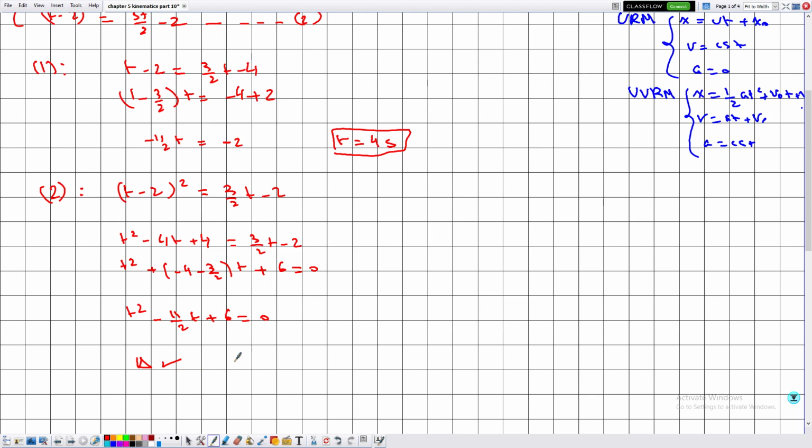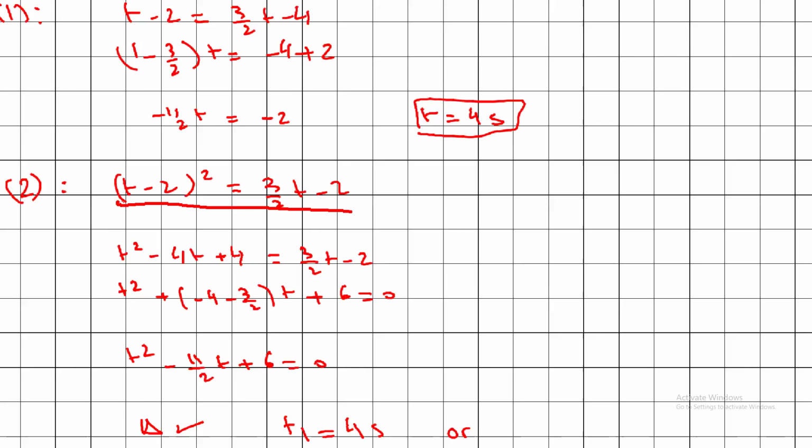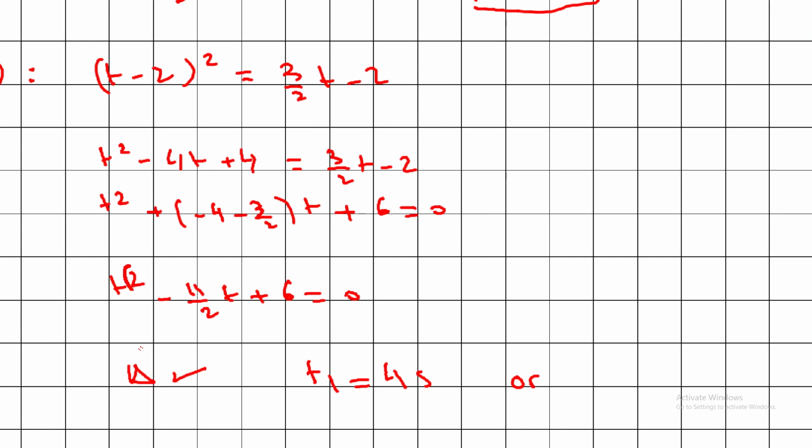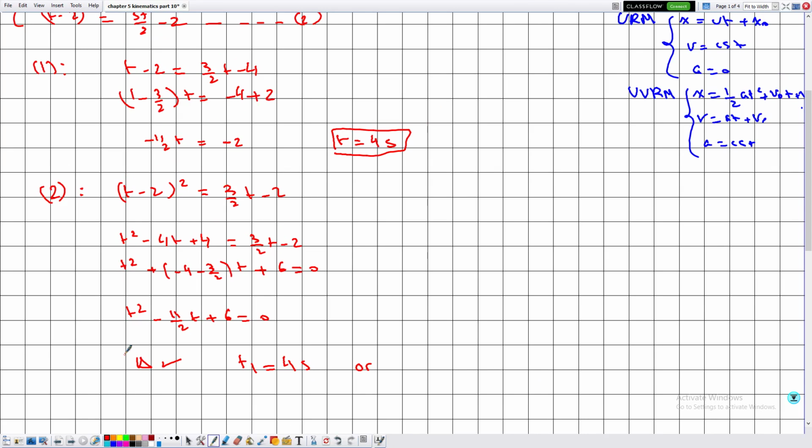we can check that one of the solutions is given by t1 = 4 seconds, and the other solution, as you can see, since the type of this equation is quadratic because it has the power 2, is t2 = 1.5 seconds.